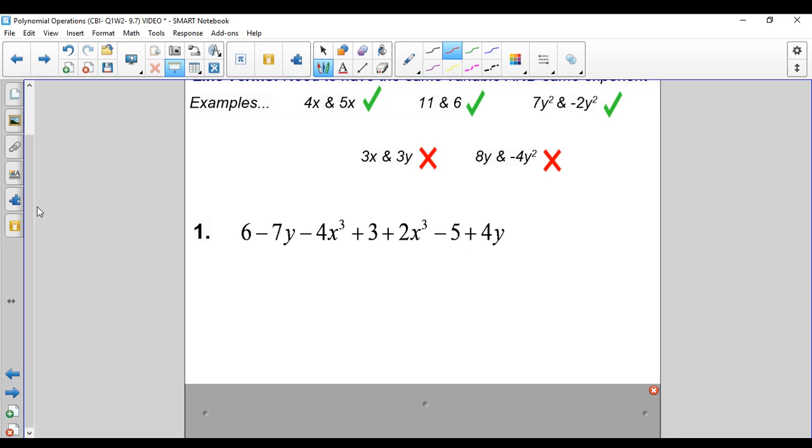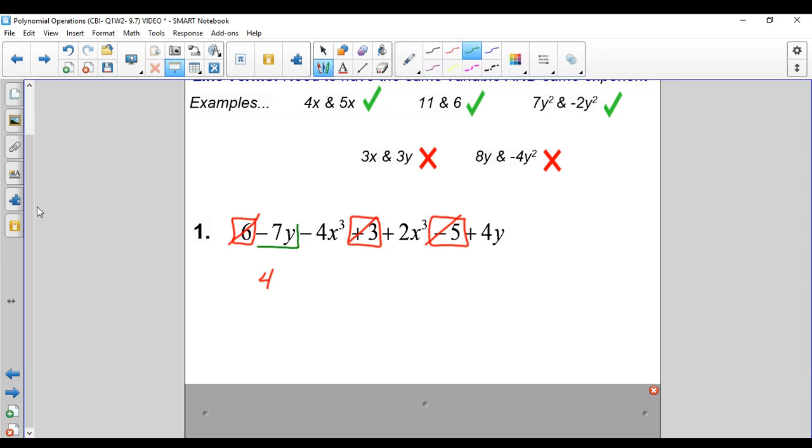I like to box them in. So I have a constant. We find other constants. 6 and 3 are constants, and we have a -5 here. All right, so 6 plus 3 minus 5, we end up getting 4. So I move on from there. I can cross those out if you want and see what we got next.